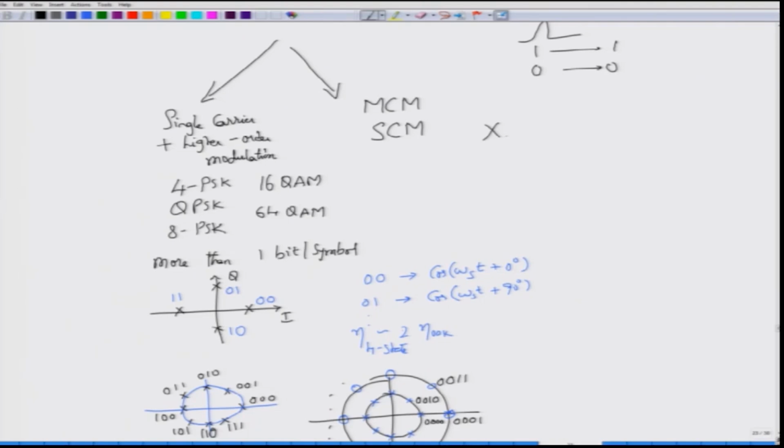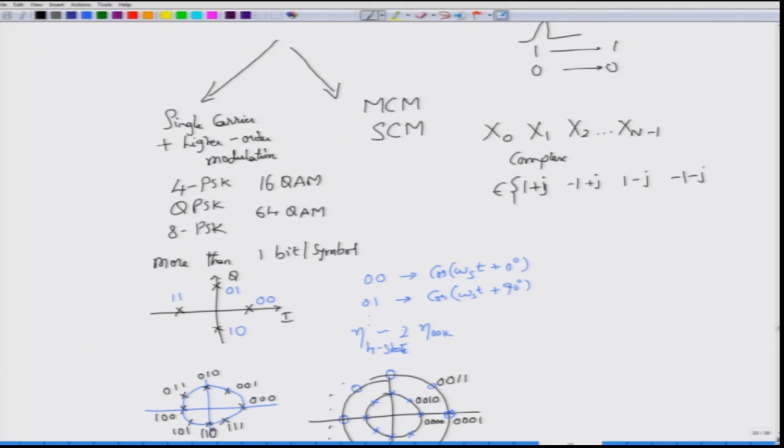Let us call these symbols x0, x1, x2 all the way up to xn minus 1. So, there are these n symbols, and these are all complex symbols. If you are looking at BPSK modulation, then x0 will be real, of course, because it is plus or minus 1, but if you are looking at QPSK, then any of x0, x1, x2 can come from 1 plus j, minus 1 plus j, 1 minus j, or minus 1 minus j.